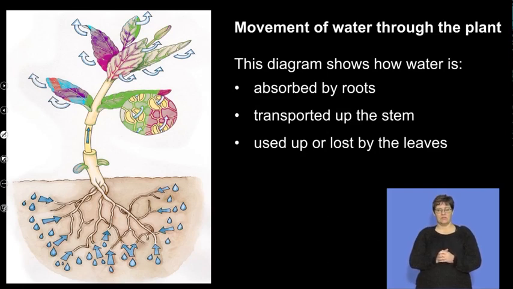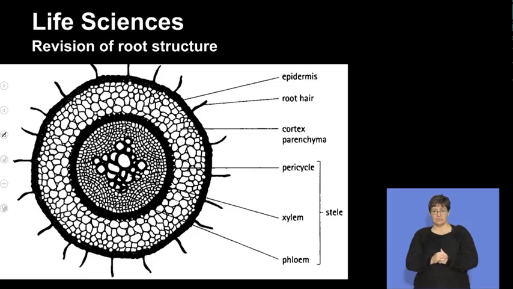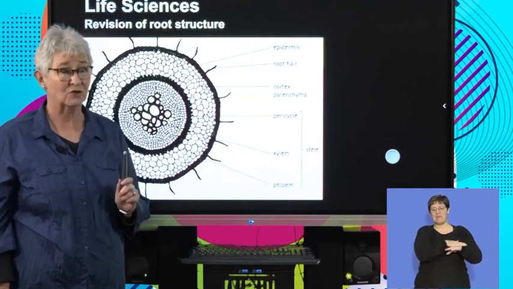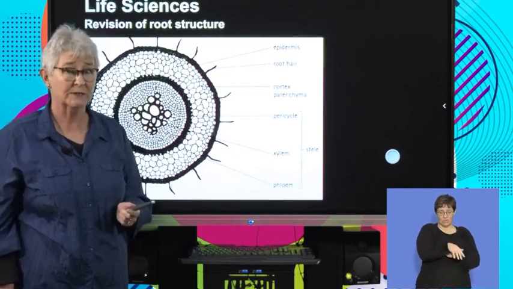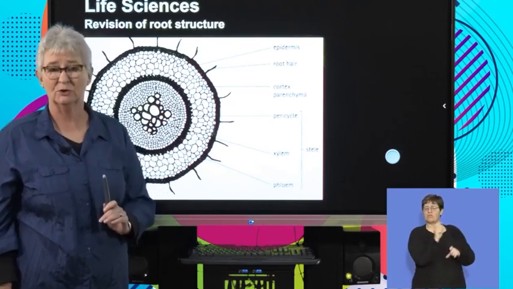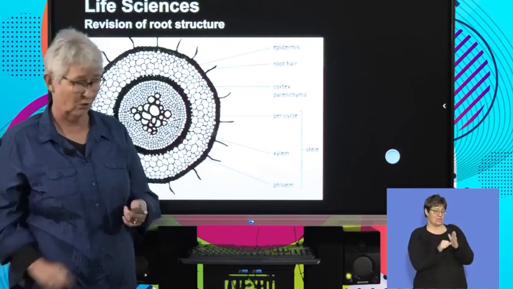Last lesson, we looked at how leaves lose water in transpiration, and this lesson we're going to look at how does the water get to the leaves, namely through the roots and the stem. To be able to understand this, you need to remember the basic structure of a root, and I'm just briefly going to revise that, focusing on the parts which are important for water transport.